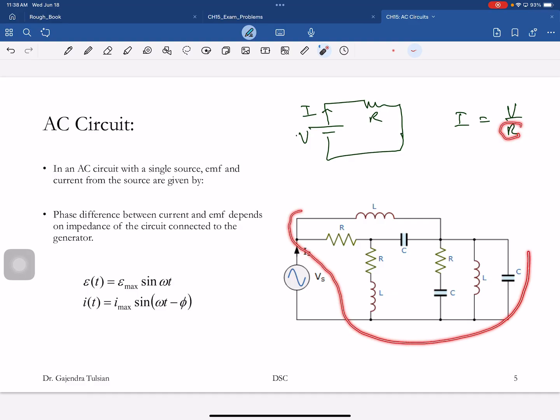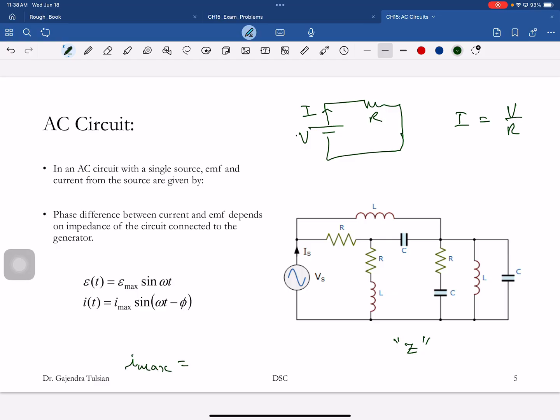So what we want to know is what is the resistance of the circuit. And the generalized term for that is the impedance, denoted by Z. So the amplitude will be the amplitude of the voltage divided by the impedance of the circuit.